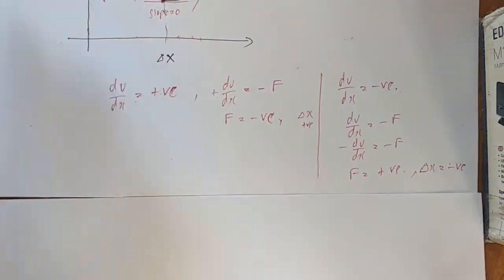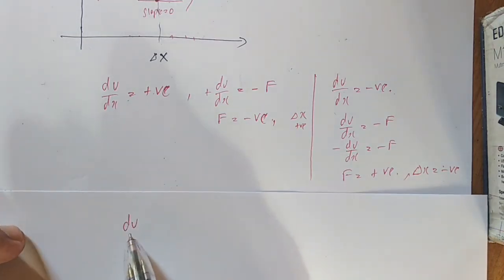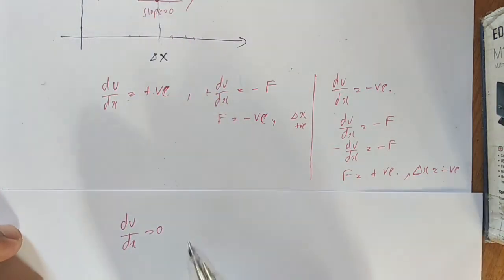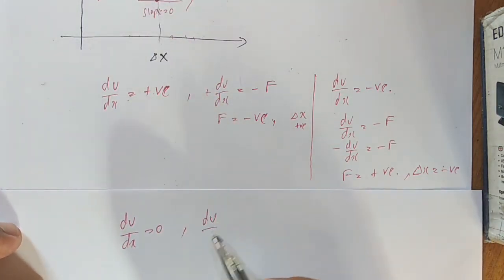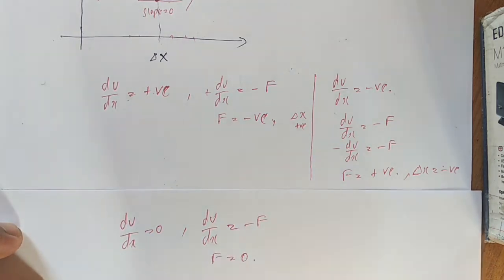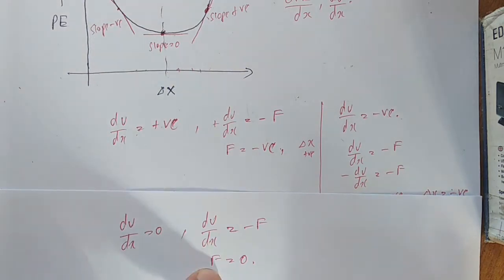Now for the last one, we can see that when du by dx is equal to 0 at the center position, du by dx is nothing but negative of f, so the force is coming out to be 0. So when the slope is 0, in that condition the force is 0, which means there is no change in the system.